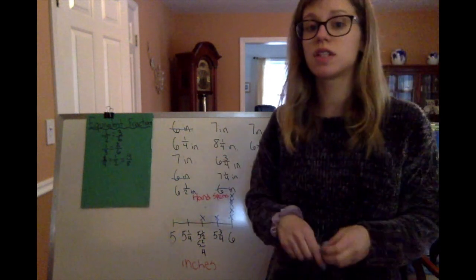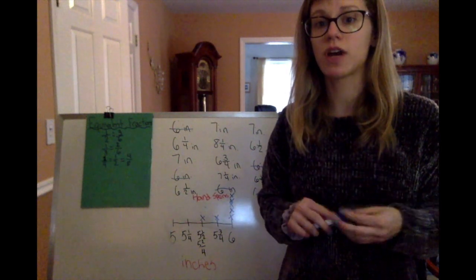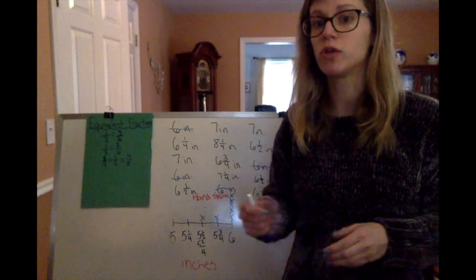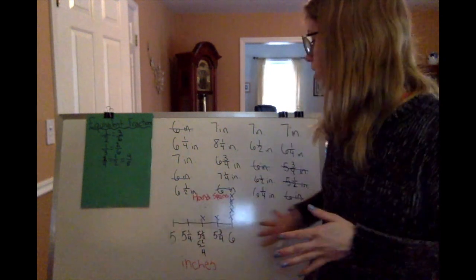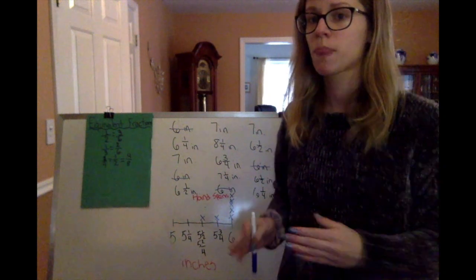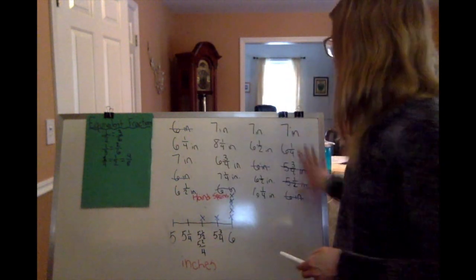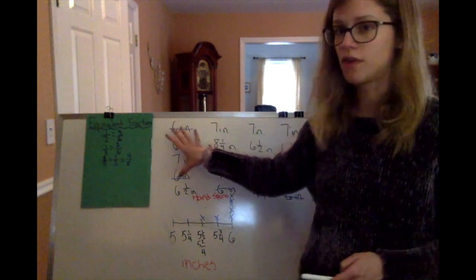If you want to use the data that you have from your home, the people in your family or in your house, you're more than welcome to, but you need to make sure that they're able to go on our line plot. So I only did 5 through 6 inches, but you're going to need to make sure that your line plot's bigger so you have all of this data included.